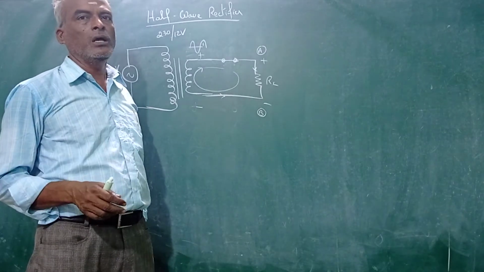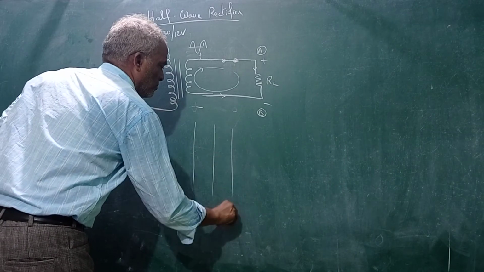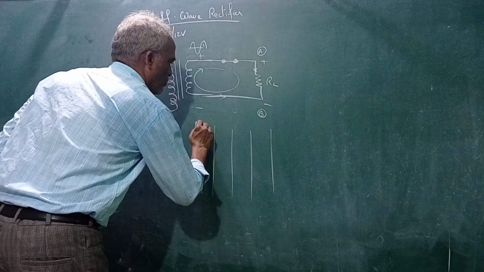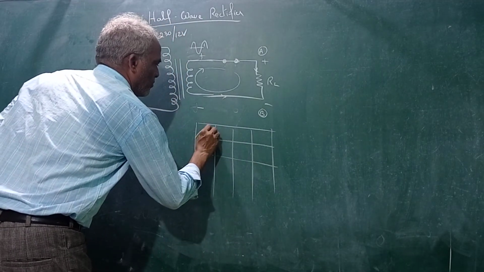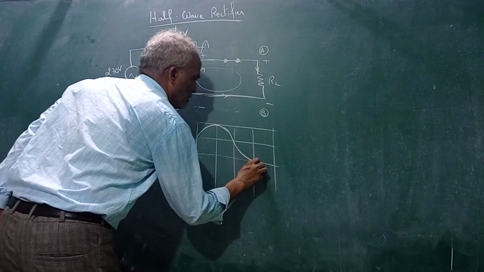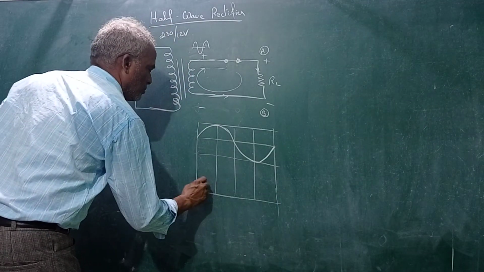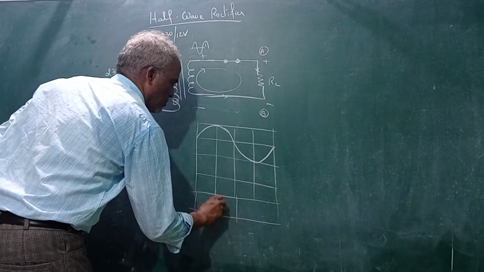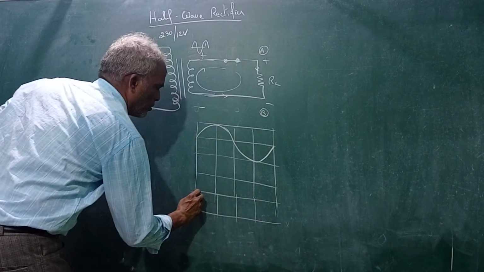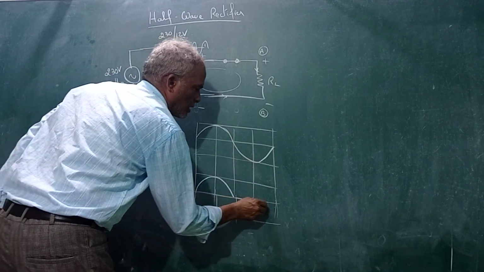Now let us draw the waveform and see how it looks. So we have the positive cycle like this, and the output. In the output, the positive cycle is conducting, and for the negative half cycle it is not conducting.